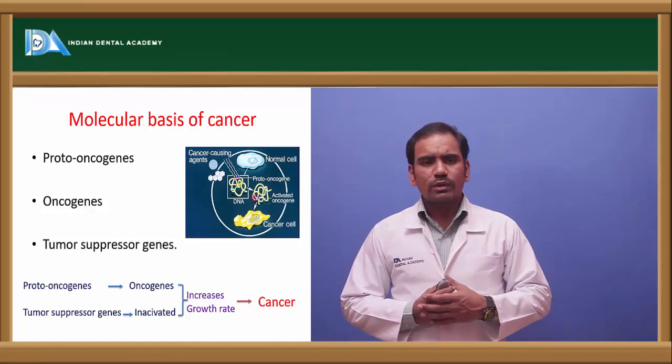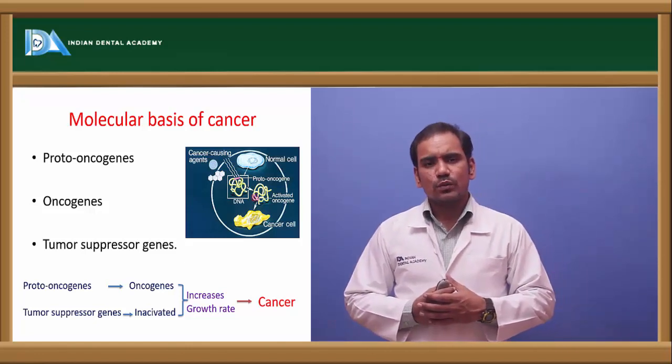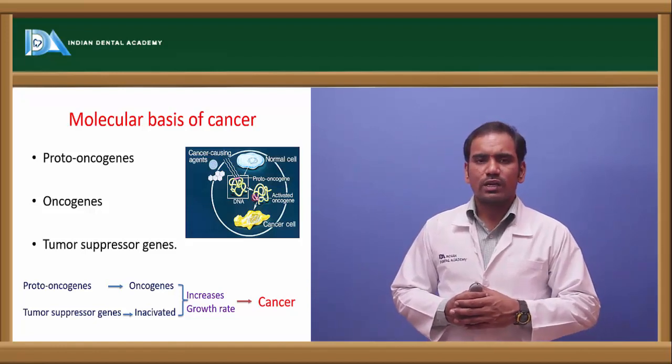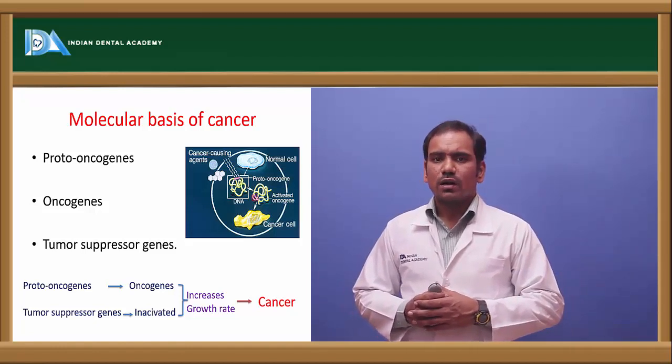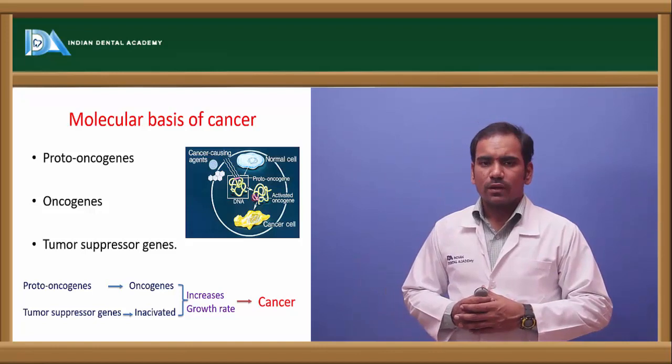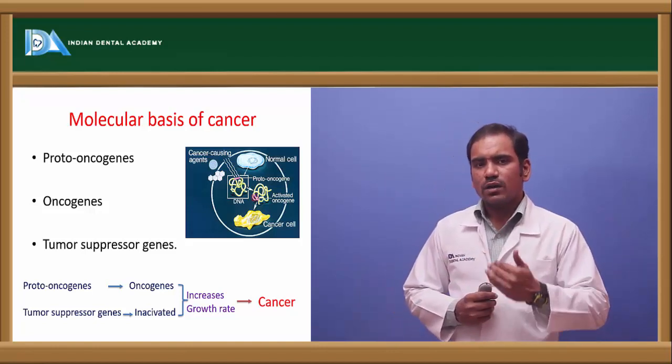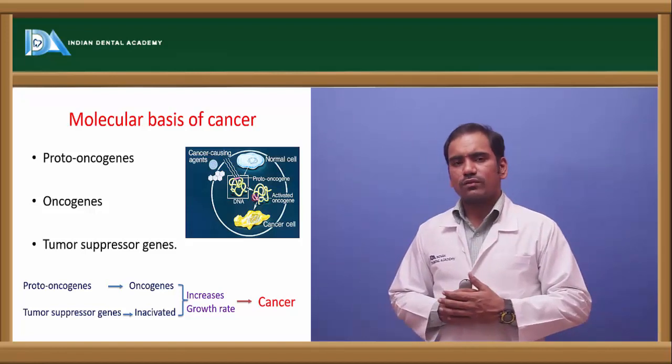Coming to tumor suppressor genes. Genes which suppress the formation of tumors are called tumor suppressor genes or anti-oncogenes. Oncogenes are cancer causing genes, and anti-oncogenes suppress cancer formation.